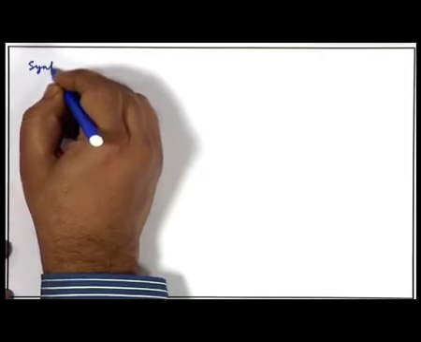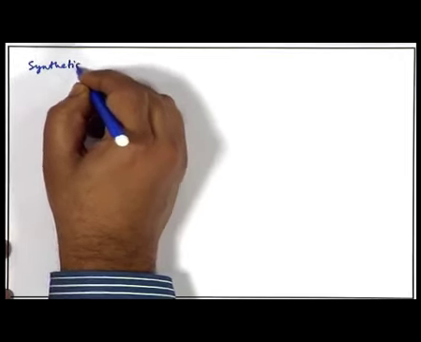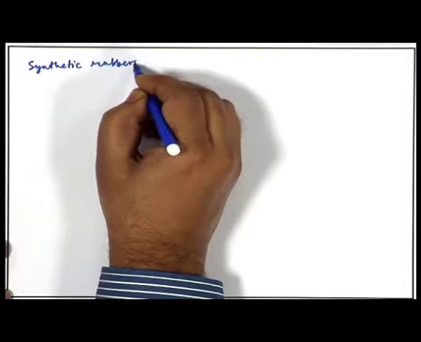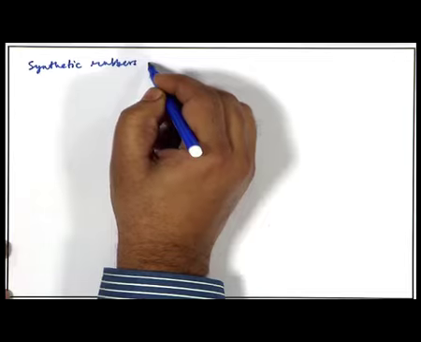So, there was a huge requirement to make synthetic rubbers, so that we do not have to rely on natural resources like rubber trees. So, around 1939-40, the first synthetic rubbers came in.